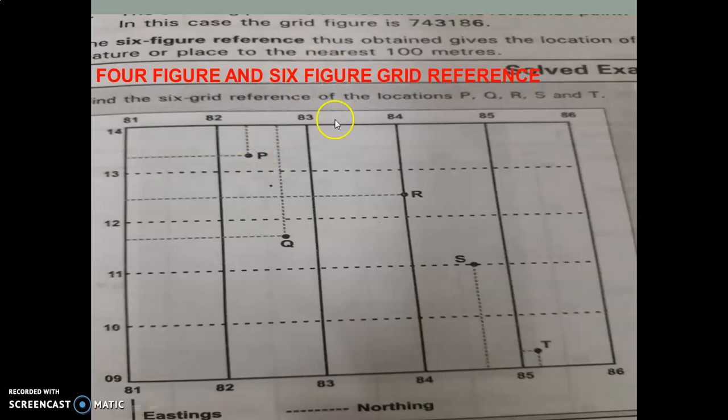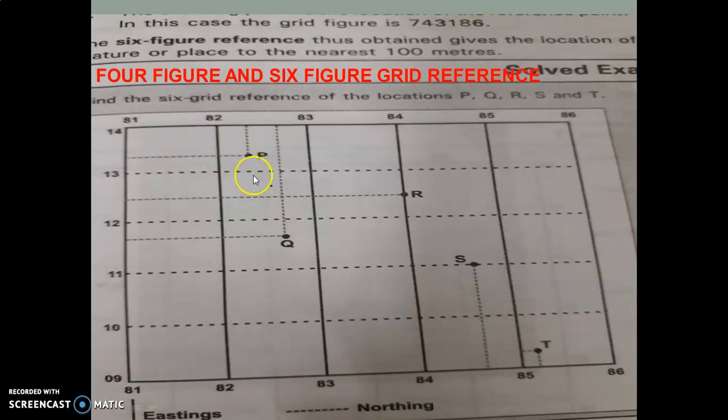To find out the 6-figure grid reference, what do we have to do? We have to divide the northing line into 10 equal parts, where the two lines intersect at the common point being 0, 1, 2, 3, 4, 5, 6, 7, 8, 9, again 0. So we can say 82, and suppose the P symbol lies on the 5th point.